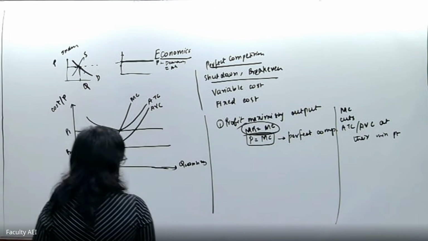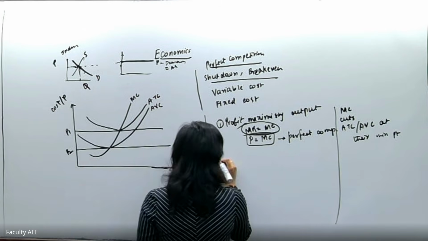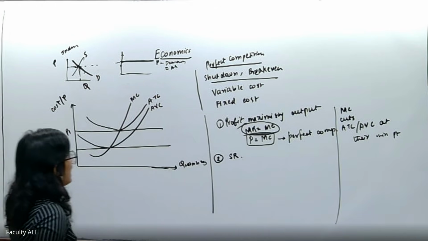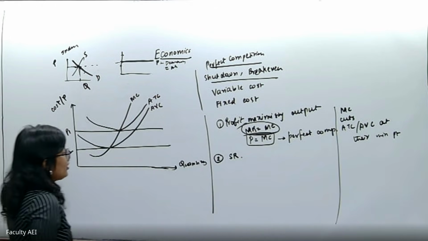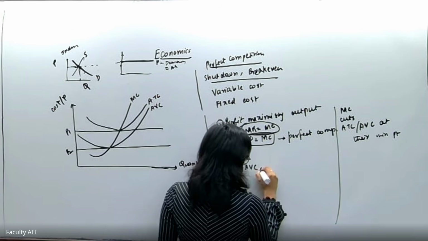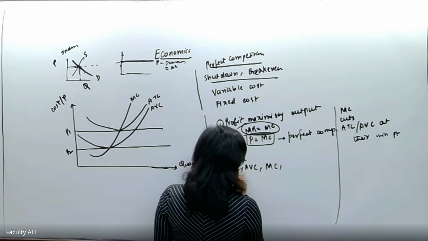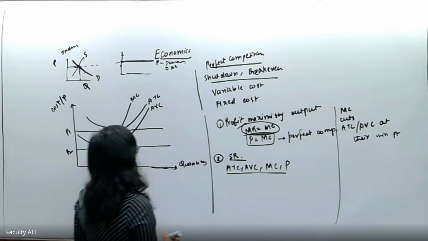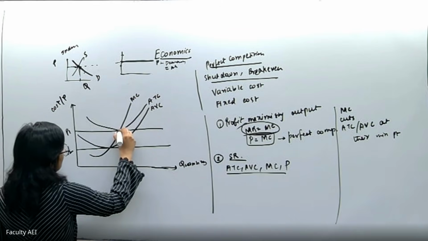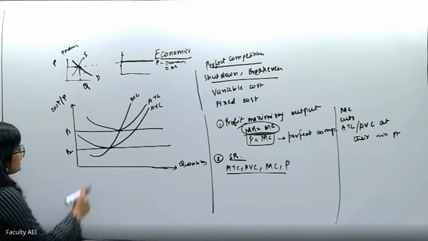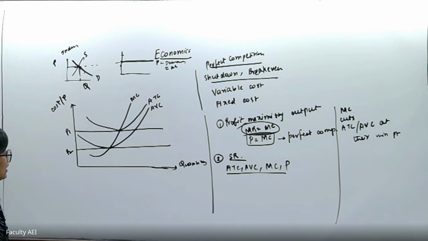Now, under short run, what will happen? You have your average total cost, you have your average variable cost, and your marginal cost and everything. You have your price. So profit maximizing condition would be here, wherever price is equal to marginal cost. So if P1 is my price, at P1, what is happening?